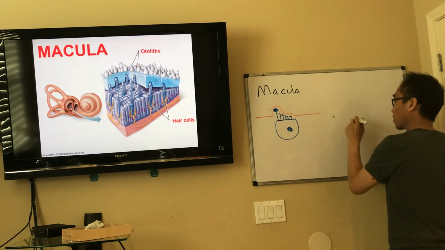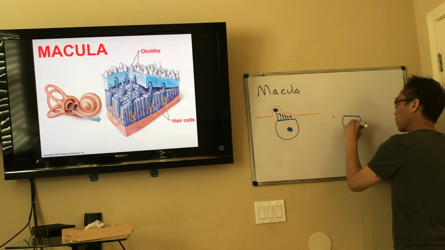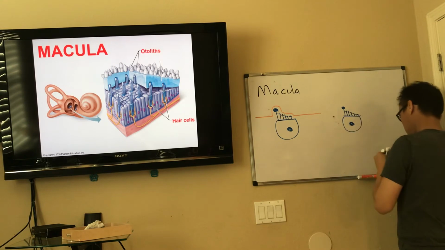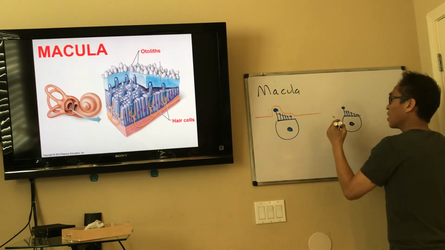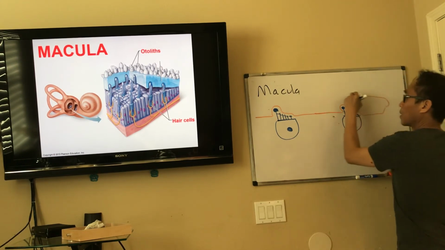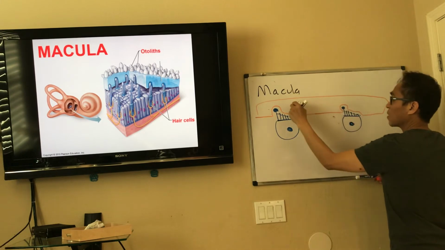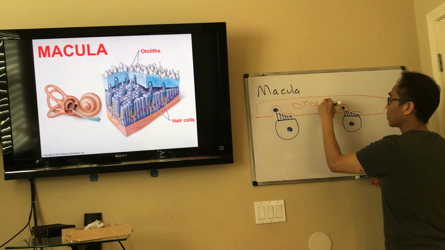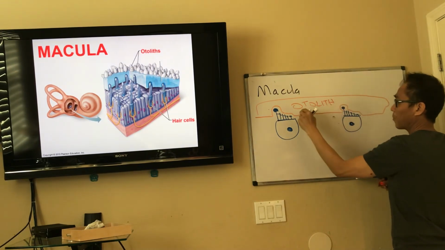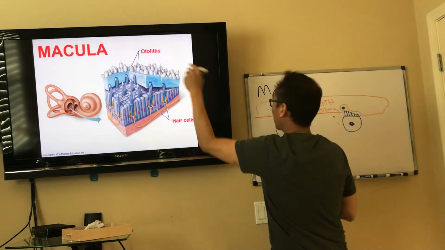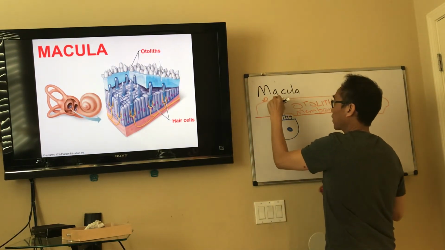Try another hair cell over here. Otolithic membrane. Otolith means tiny little rocks. So there's actually little rocks called otoliths on top of the otolithic membrane.